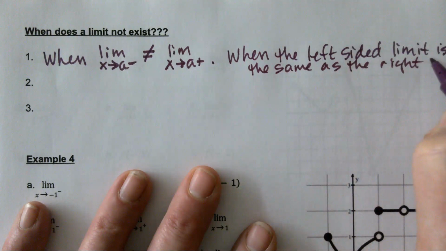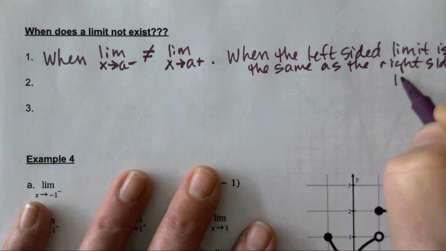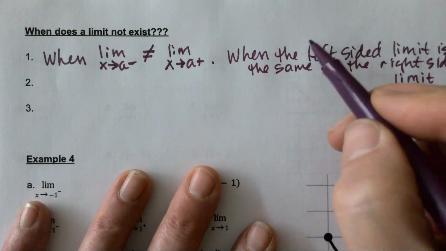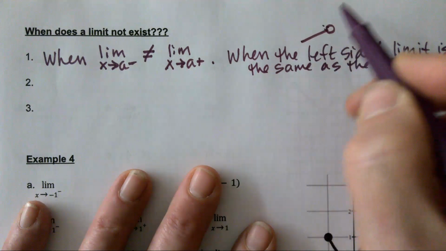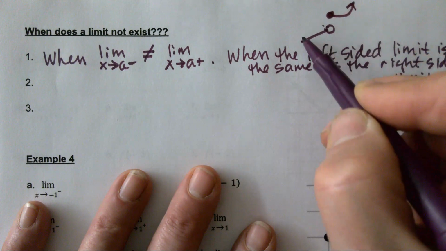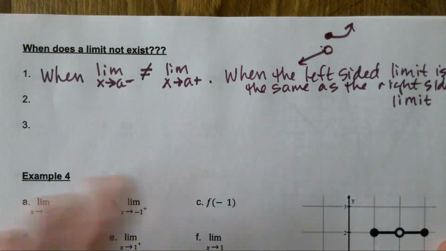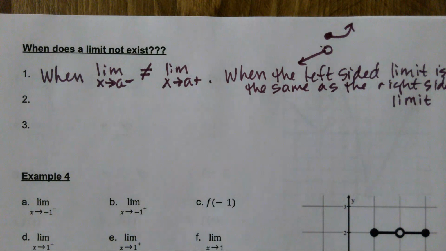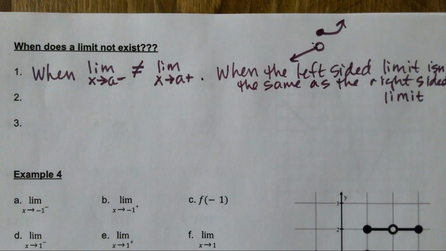So when the graph doesn't flow. If I want to do it visually, I could draw a little picture like that. That's when they don't meet on both sides of that x value. But this is the definition way to describe it. When the left-hand side and the right-hand side don't come together, they don't touch or match. You can write however it makes the most sense to you, okay?